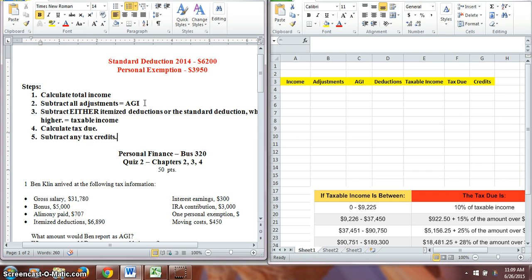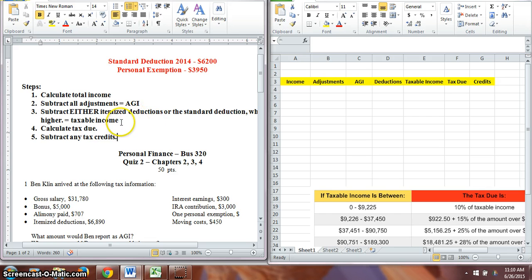And remember, it's important to understand why AGI is a key number on our tax return. Next, after we have AGI, we subtract either itemized deductions or the standard deduction, the standard deduction being 6,200 up here. We subtract whichever is higher. Once we do that, we have taxable income.